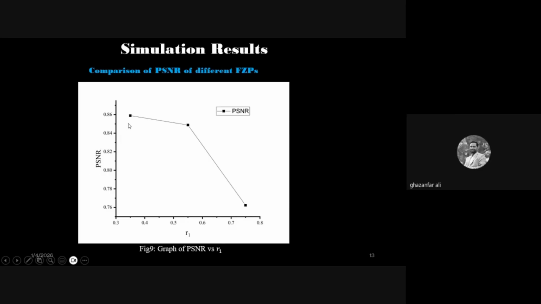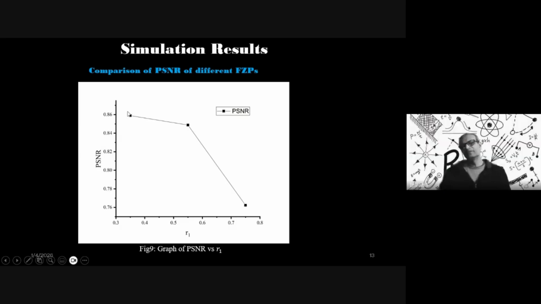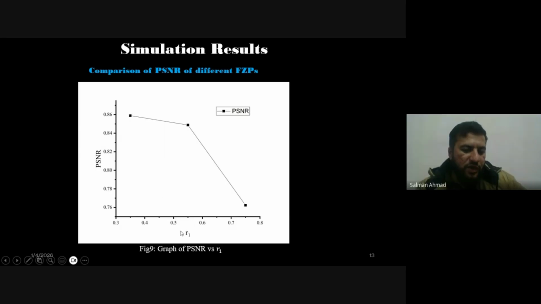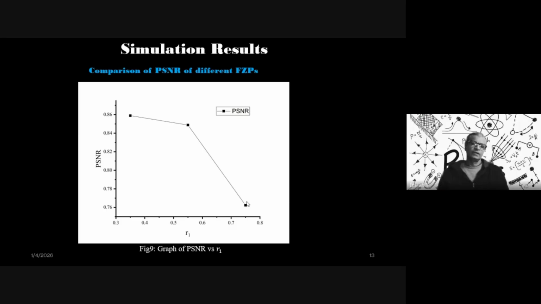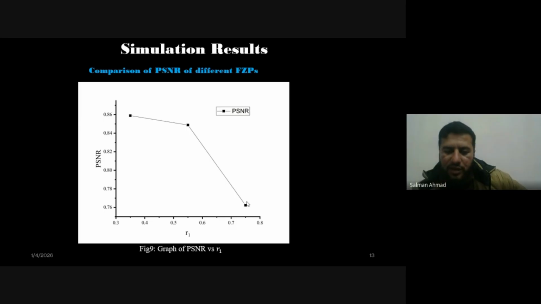So as we increase the innermost radius of the FZA, the peak signal to noise ratio decreases.